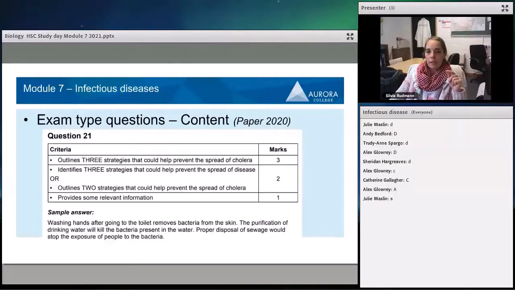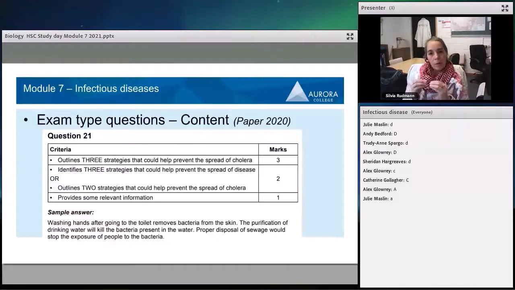However, if you just listed the 3, you're going to have just 2 marks. If you list 2 with how they prevent the spread, you get 2 marks. The key point is this second section, how it could help prevent the spread of cholera. If you just listed and didn't say how, you just get 1 mark.